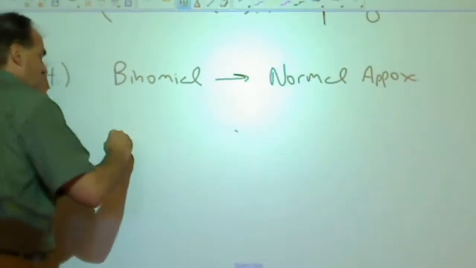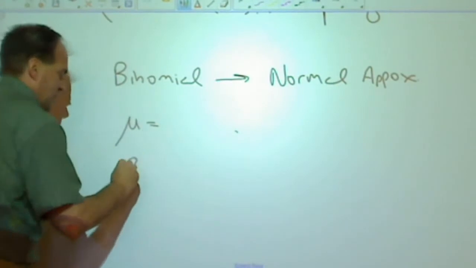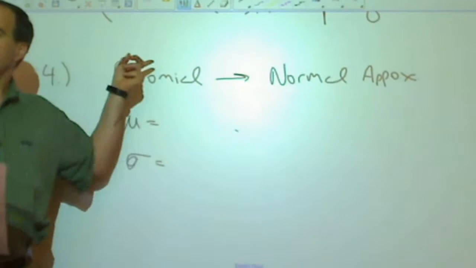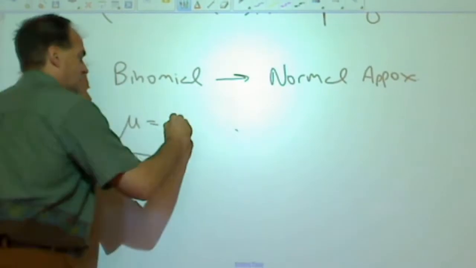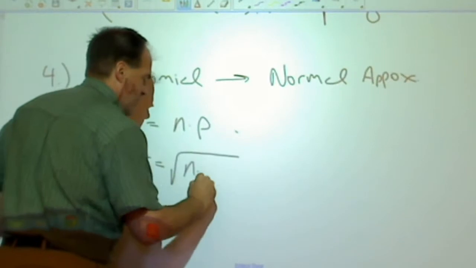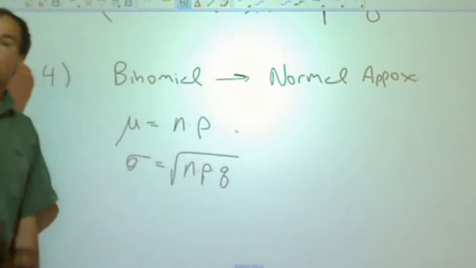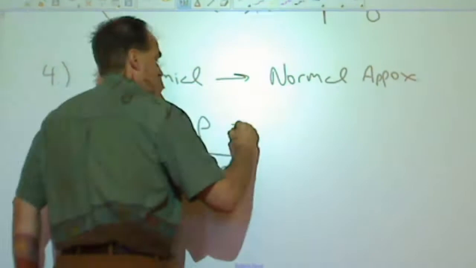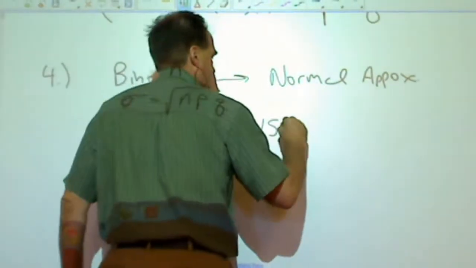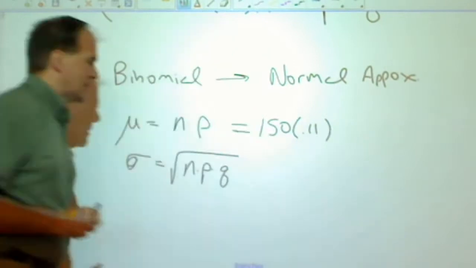If I asked you a probability, you'd want to make the normal approximation. But we just want the mean and the standard deviation, and those are the formulas under the binomial model. So n times p, and then the square root of n times p times q. Okay, so n is the number of total people. It's 150. 0.11, that's p.